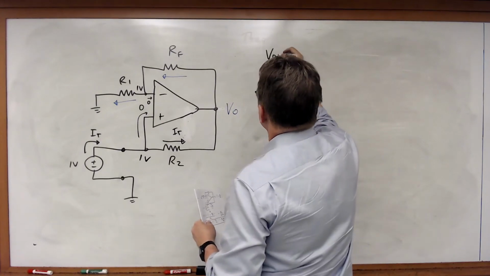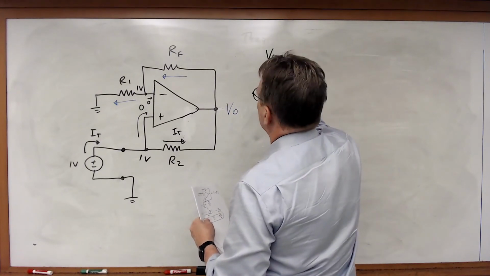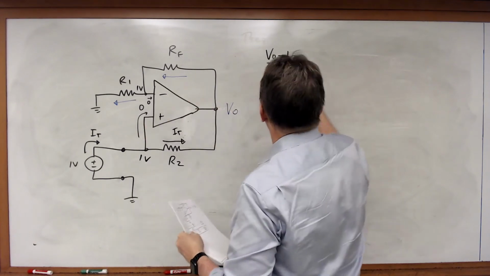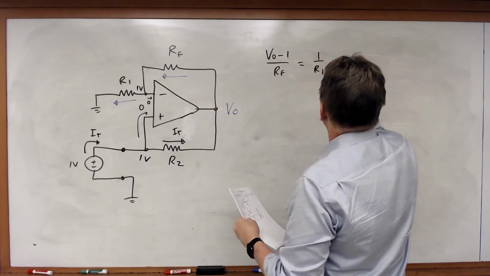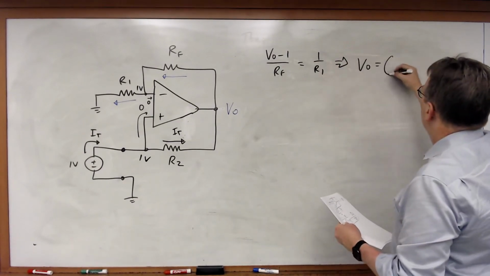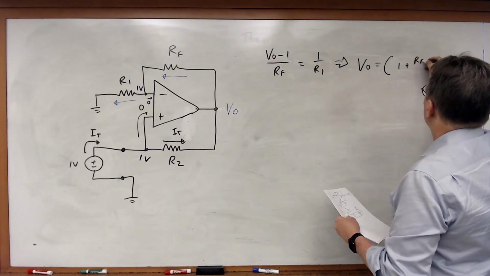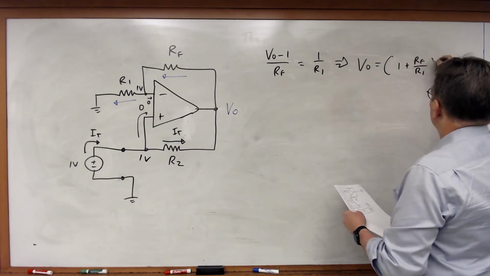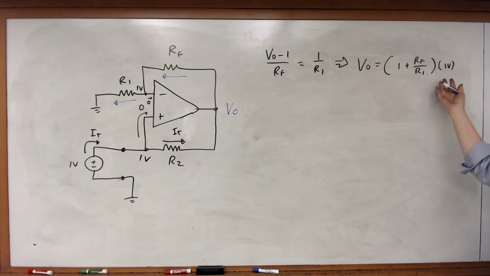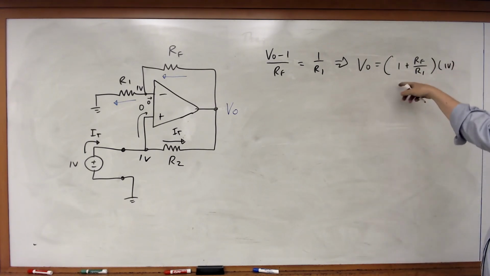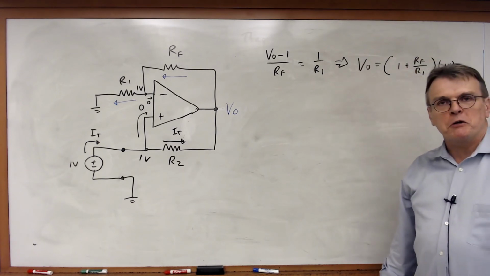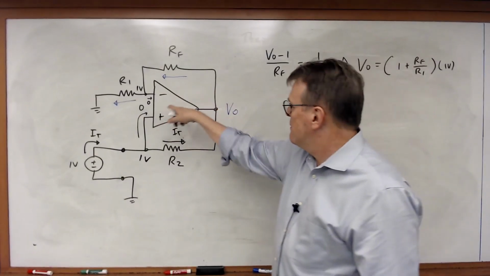So (VO minus 1) over RF must be equal to 1 over R1, which means that VO will just be equal to 1 plus RF over R1 multiplied by just 1 volt. So this is really nothing more, when you think about it, than the non-inverting amplifier equation. So that tells us what VO is.